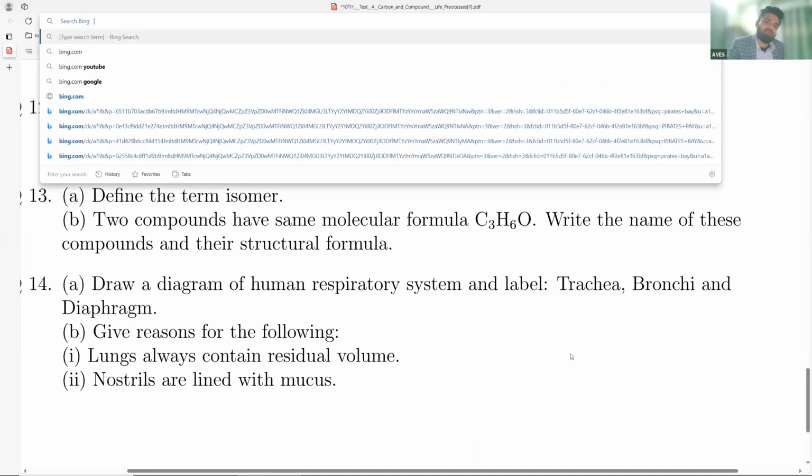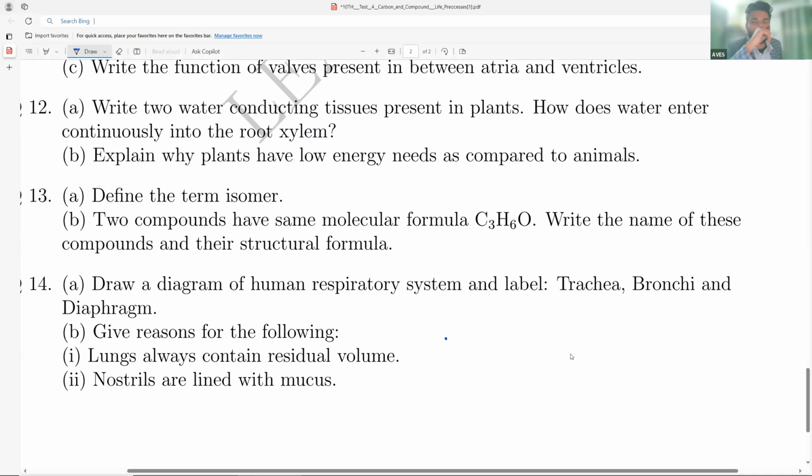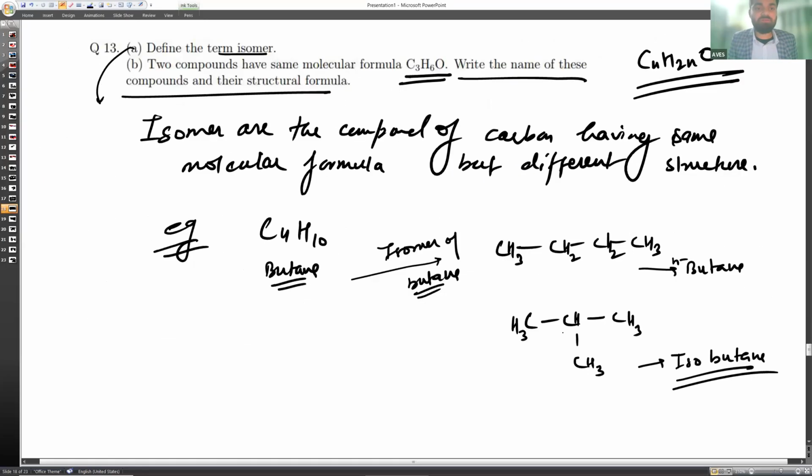Can you tell me? Which two compounds are going to have the same molecular formula? Did you solve this question in your copy when you answered the question?